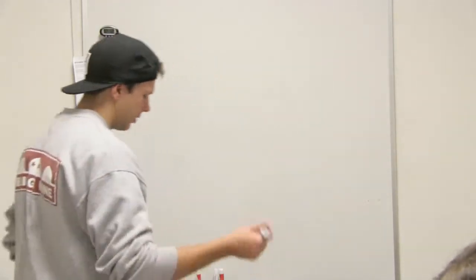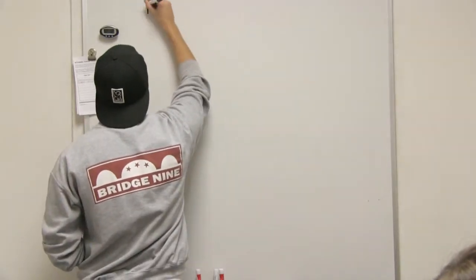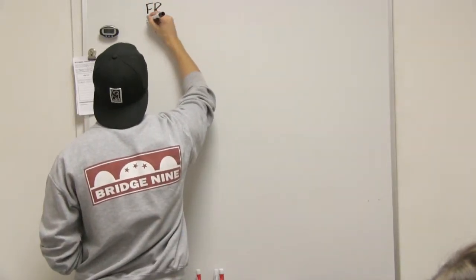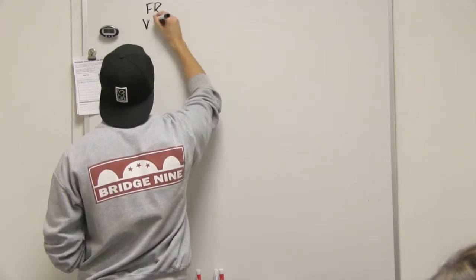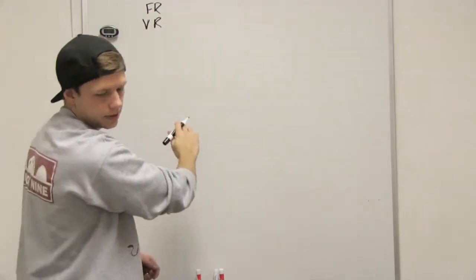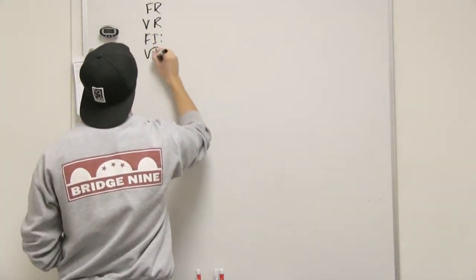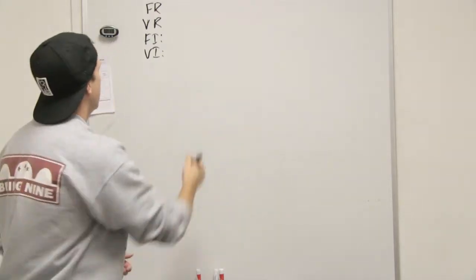Okay, so we got fixed ratio, which I'm just gonna abbreviate and call FR. We got variable ratio, which is VR. We've got fixed interval, FI, and variable interval, VI.